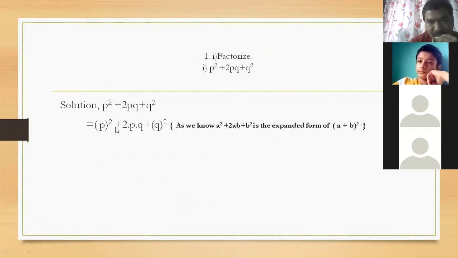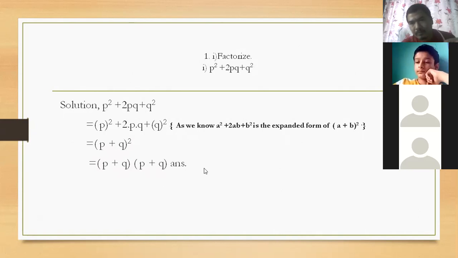That's why this p square plus 2pq plus q square will be the expanded form of (p plus q) whole square. Then (p plus q) whole square means p plus q into p plus q. These are the two factors that I told you. Are you clear, children?